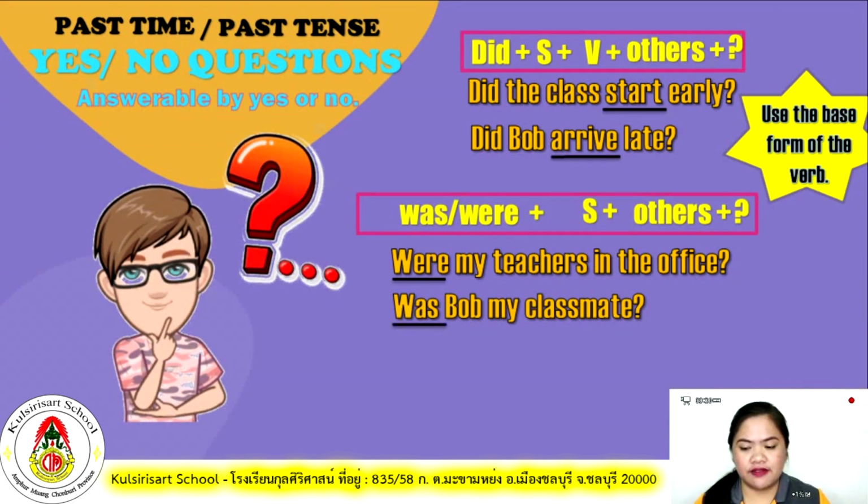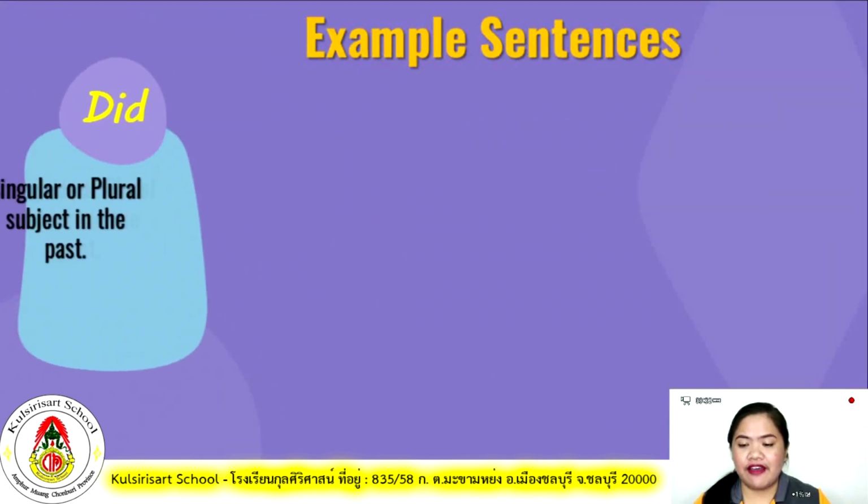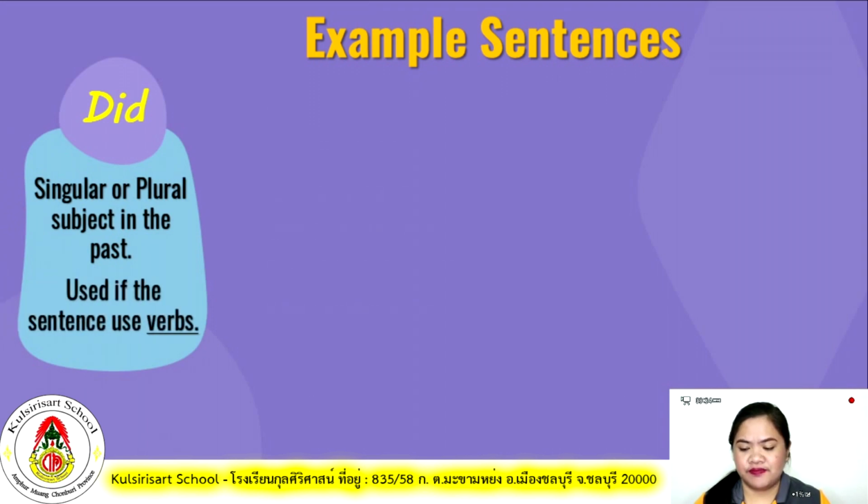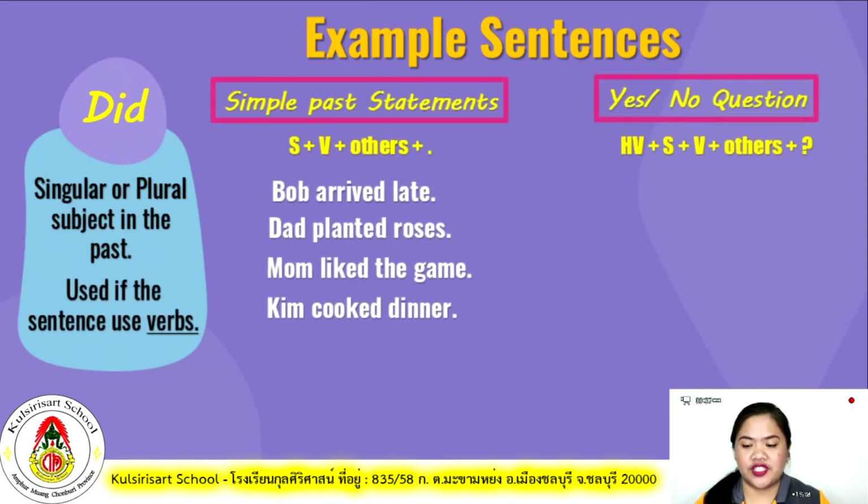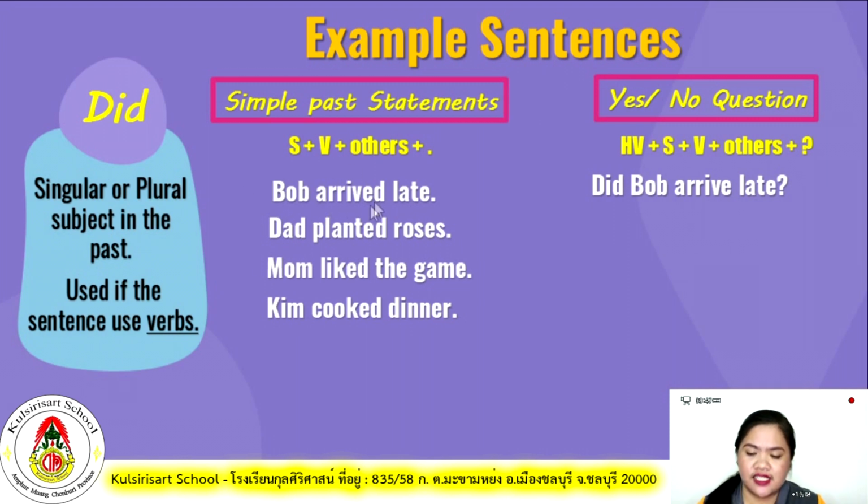Now, let's proceed. We have example sentences of yes or no questions. Okay, Bob arrived late. It will become, did Bob arrive late? Because here it uses a verb, so we use did. Here, Dad planted roses.